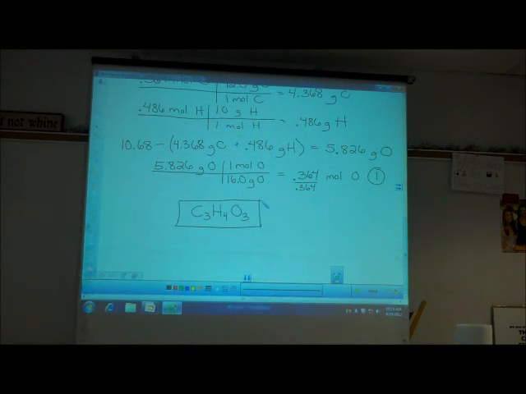We still need to find the molecular formula. Yes, we do. So, listen, before I scroll up, tell me what is the molar mass of 3 carbons, 4 hydrogens, and 3 oxygens? 88. Does that match the molar mass given in the problem?